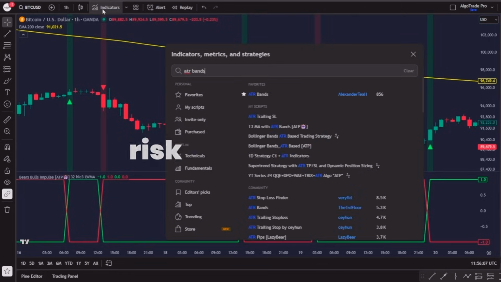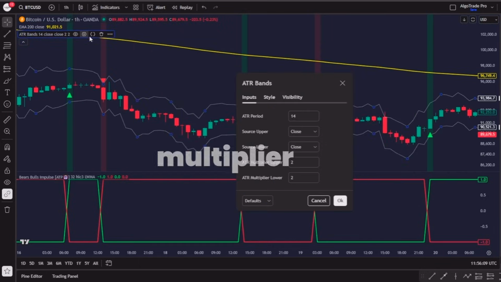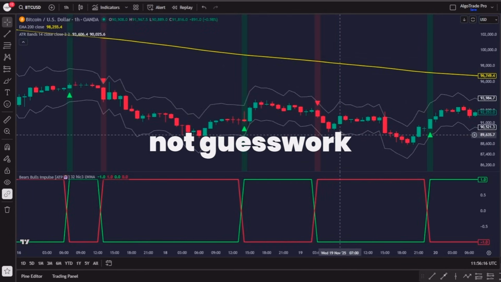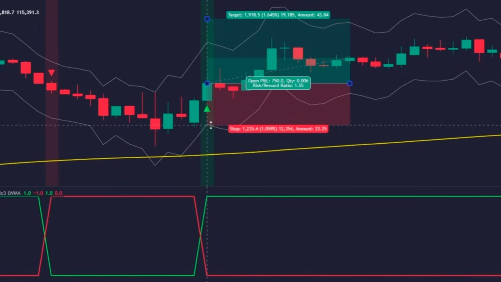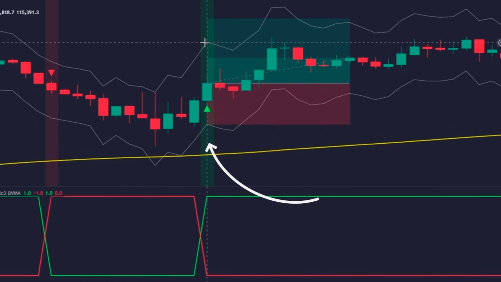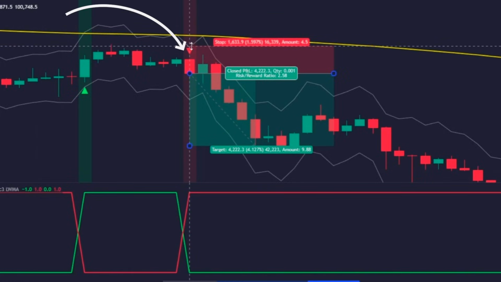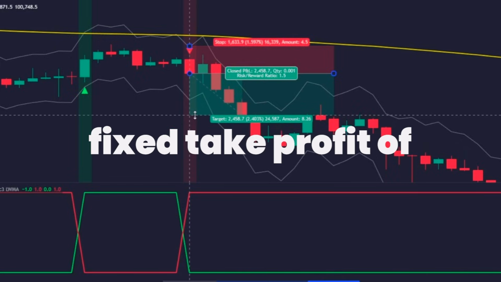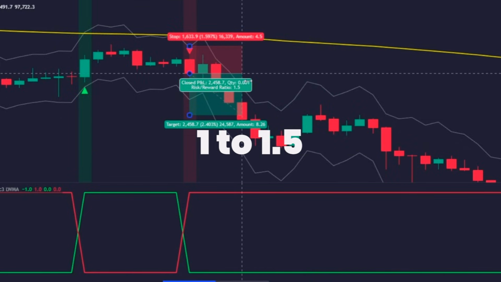For risk management, we are using the ATR bands with a multiplier of 2. Stops are placed dynamically based on volatility, not guesswork. For long positions, the lower band is used to place the stop loss, and for shorts, the upper band. And for this test, we'll keep things straightforward, with a fixed take profit of 1 to 1.5.